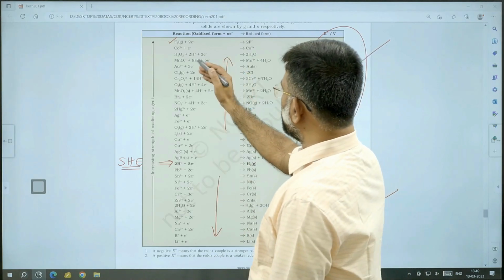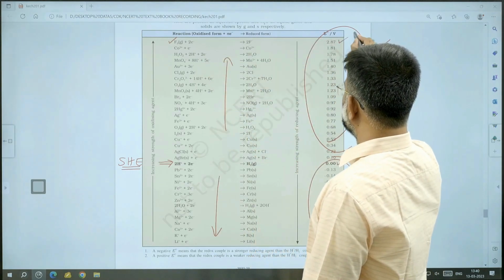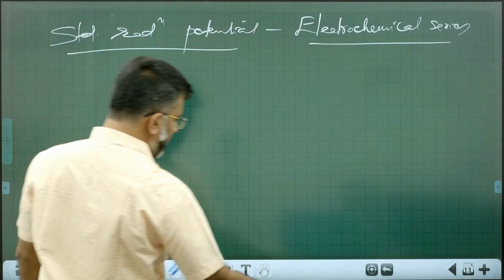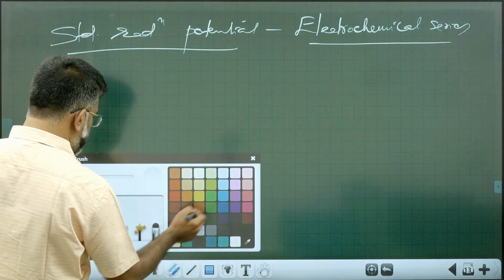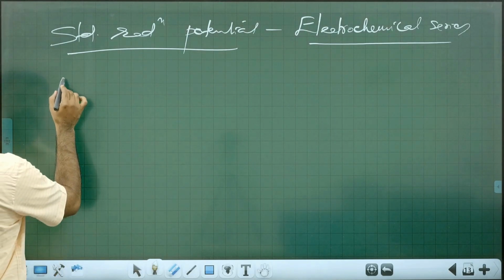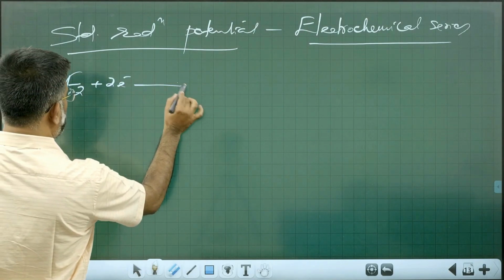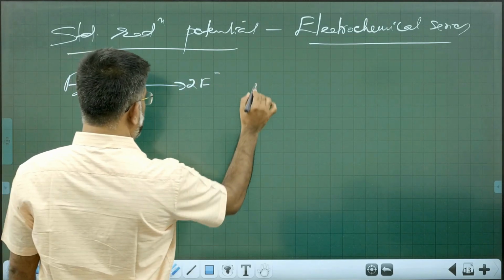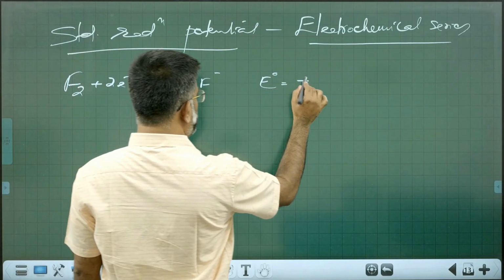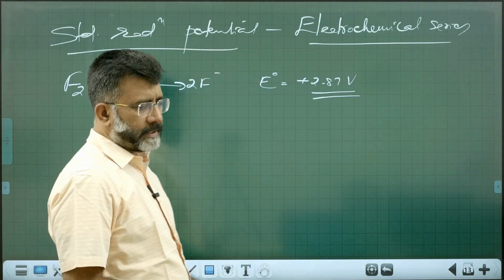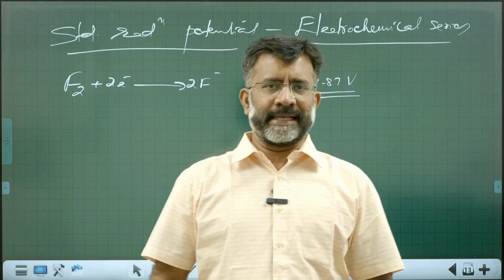For example, F2 comes on top in the list. F2 converted to F minus, the potential is 2.87. What does that mean? It is with reference to SHE. F2 plus 2 electrons giving 2 F minus, the E0 is plus 2.87 volt, a high value, the maximum positive value. What does that indicate?